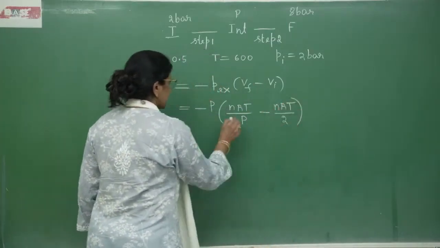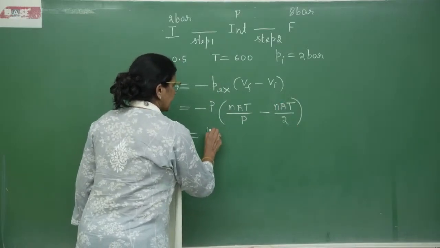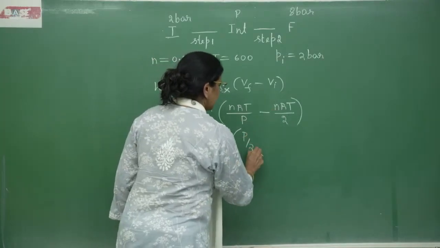Clear? So this can be simplified as, you can write it as nRT can be taken out. So this will be P by 2 minus 1.